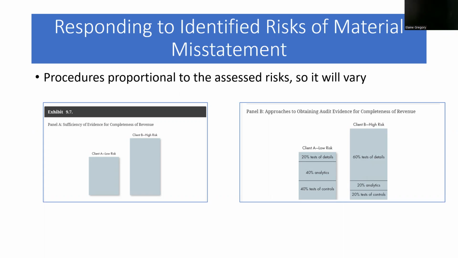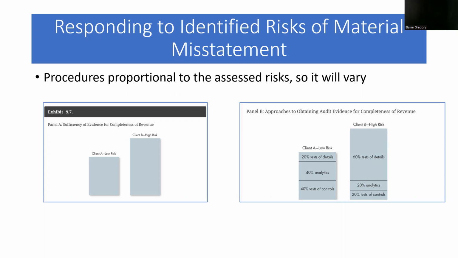One is a low-risk client. One is a higher-risk client. We may have some higher risks going on. So as you see in the second panel, our approach and the obtaining of evidence is going to be different for those clients. So remember, I think I said this in a prior video, one size does not fit all.